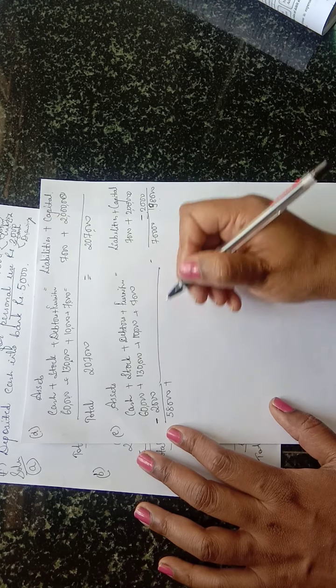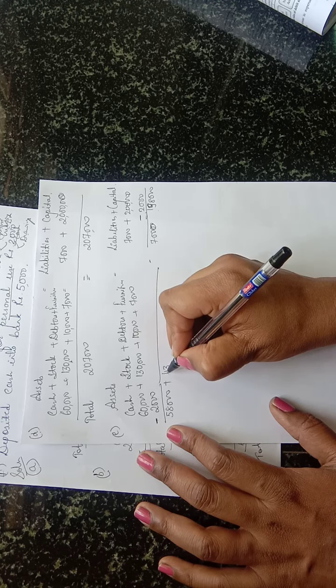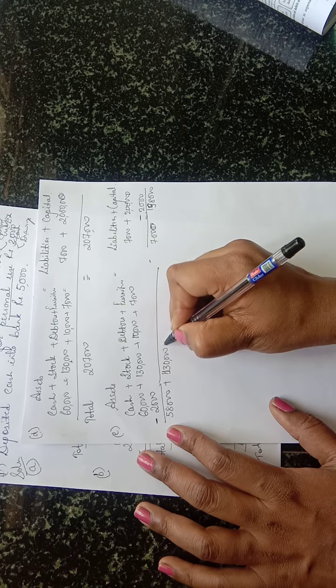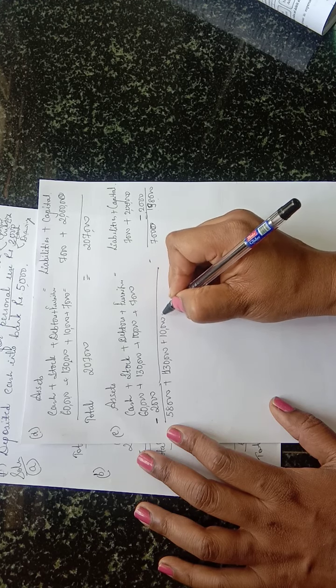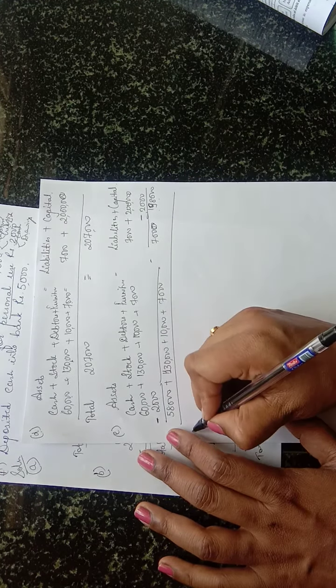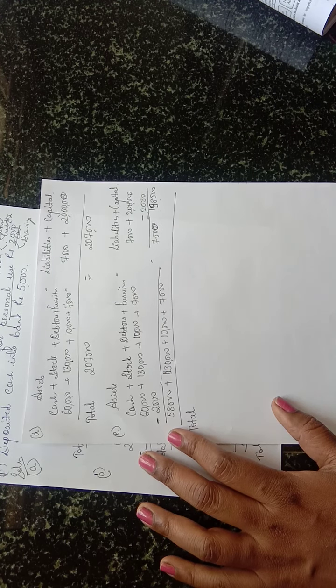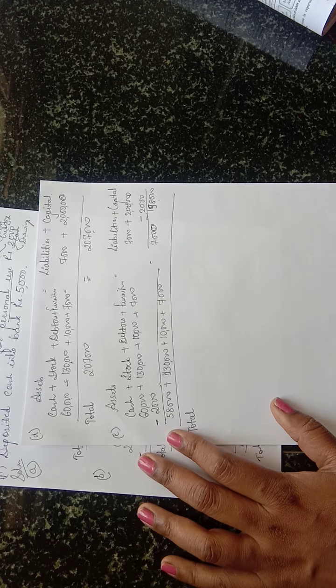So you can write stock here also, 1,30,000, debtors 10,000 and furniture 7,000. So now total assets and total liabilities. Yes, total assets you can do here. How much will it be?